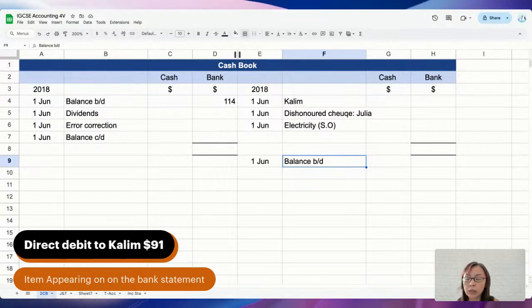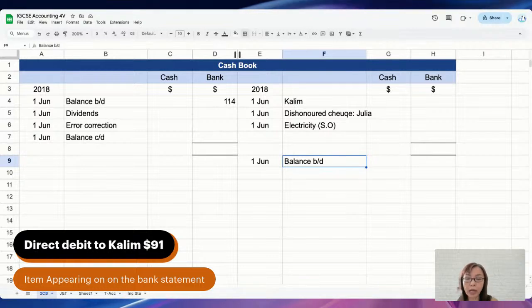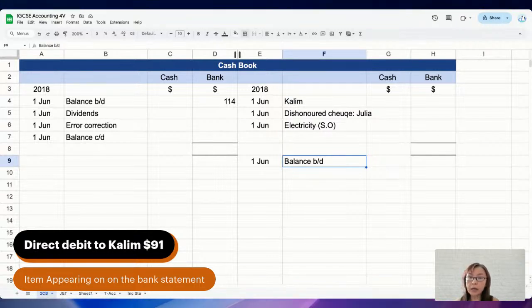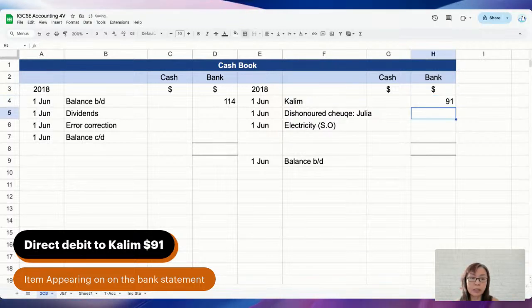The direct debit to Kalim, that means we made the payment to Kalim, but it's not recorded in the cash book. So we need to do the entry right now. The amount is 91, so we put 91 here.